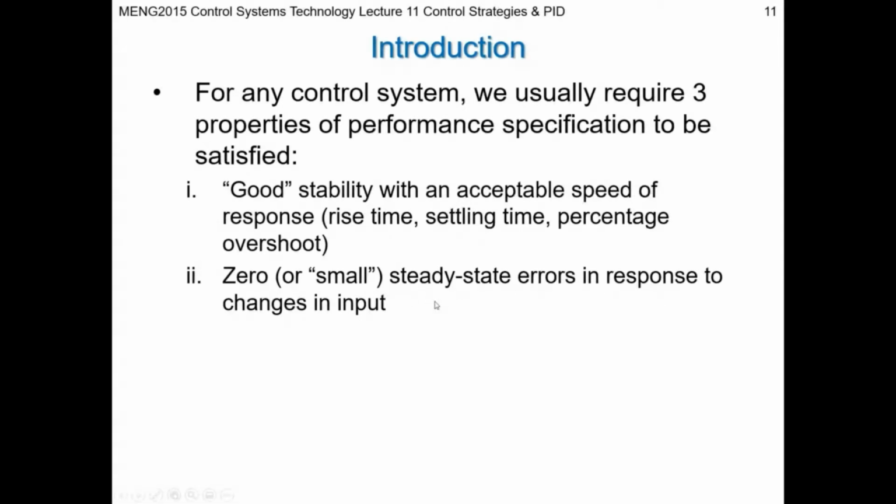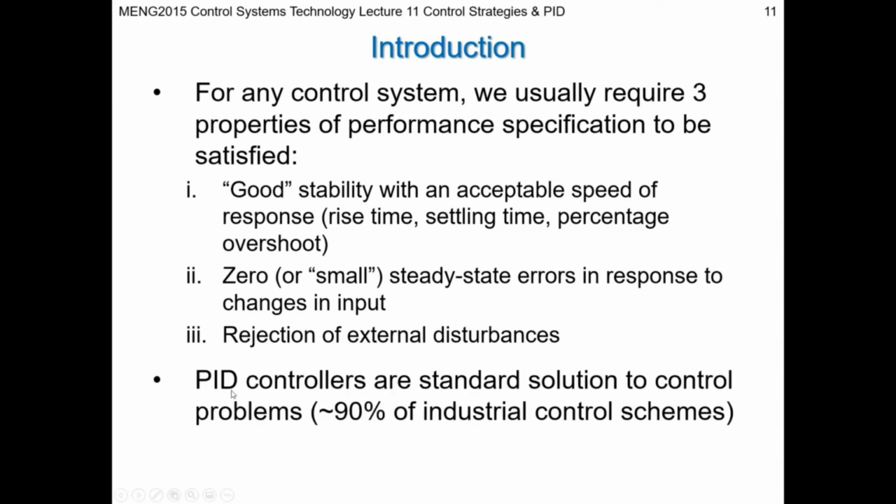So we want a system that can eliminate steady state errors, and when the transient part of the response to a change of disturbance or a change of input has settled down, we want the output to match the input. And then, of course, what we're looking at just now, the rejection of external disturbances. So these are the three fundamental criteria we'd be looking to have delivered by any control system that we design.